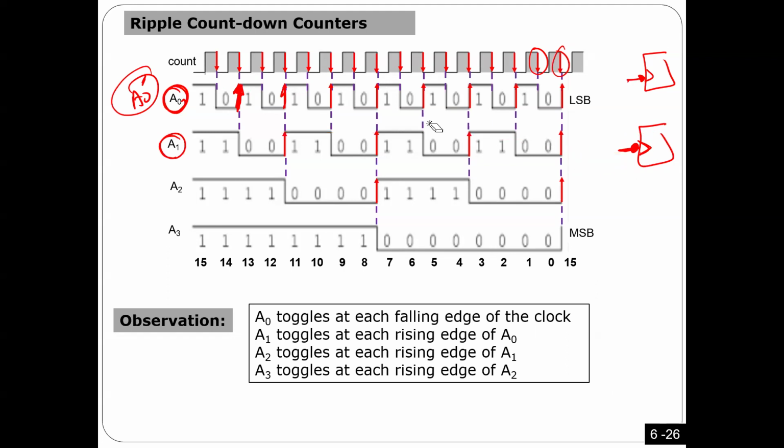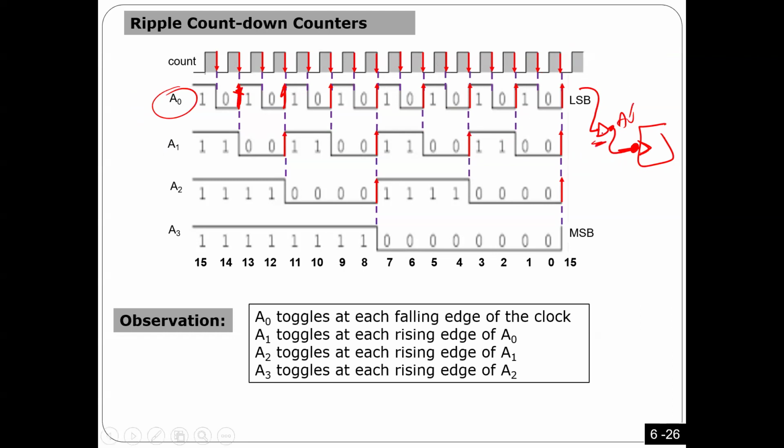So again, all you have to do is take A node prime. You don't need to add an inverter, because every flip-flop gives you Q and Q prime. Same thing for the next one. A node has to toggle when A1 has a positive edge.